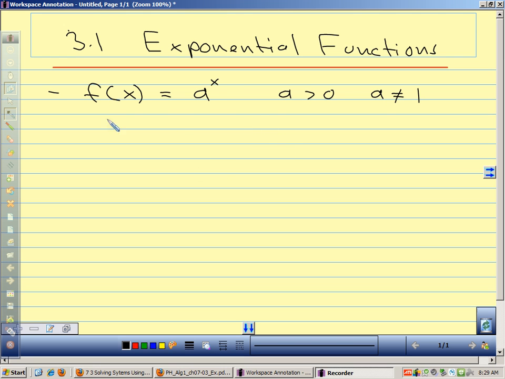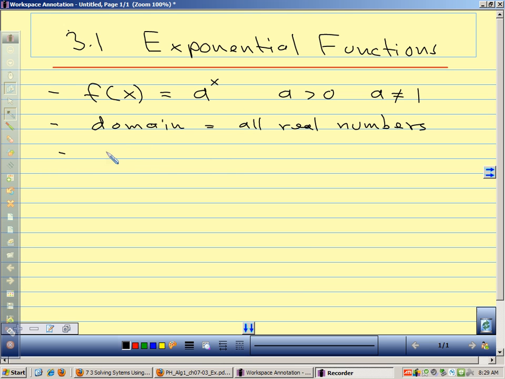Some of the properties of exponential functions, important properties. The domain is all real numbers. So we can put any number in for x, and it doesn't give us a problem with an exponential function.